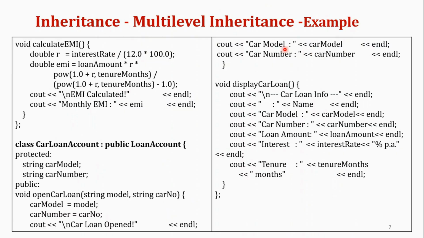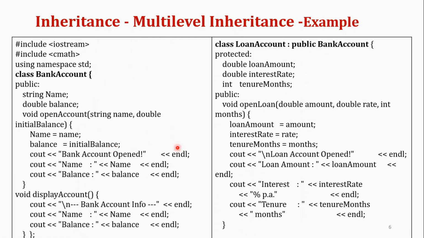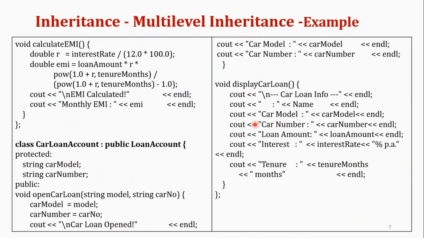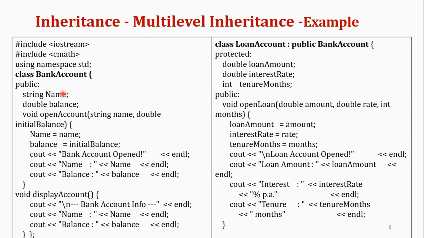Coming to the next level, class car loan account inherits the loan account in public access mode. Again, all the public members of loan account, including the inherited public members of the bank account, will be available in the public access mode of car loan account. The bank account public data members and member functions were already inherited to the public part of loan account.